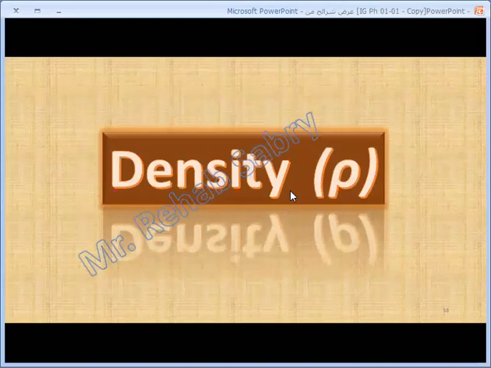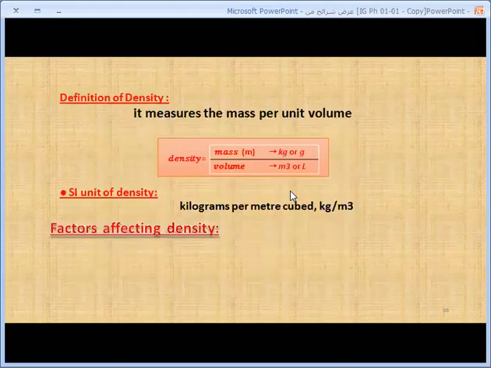Now, as I told you, we will jump to the density. What is the density? We can say it's the mass per unit volume.